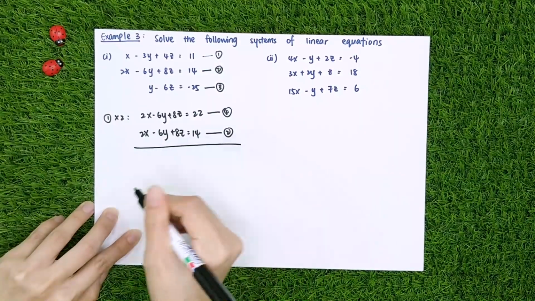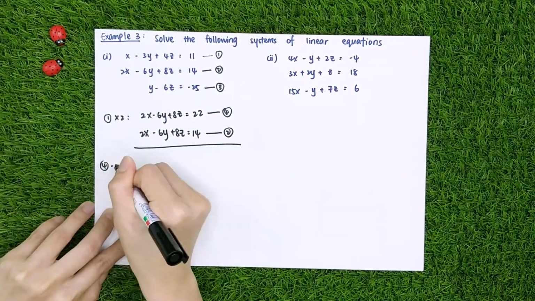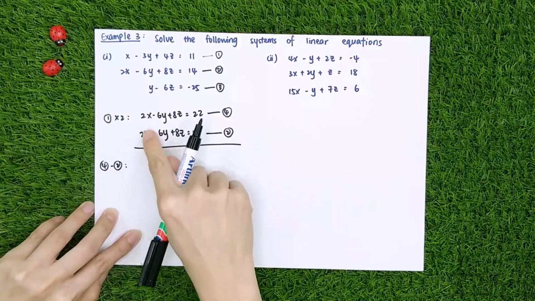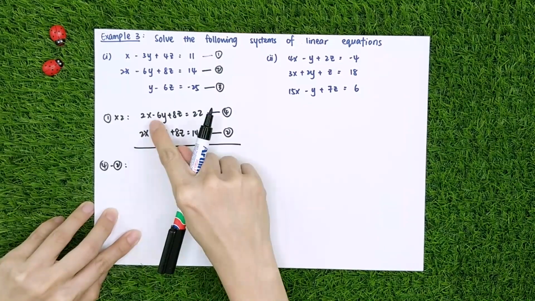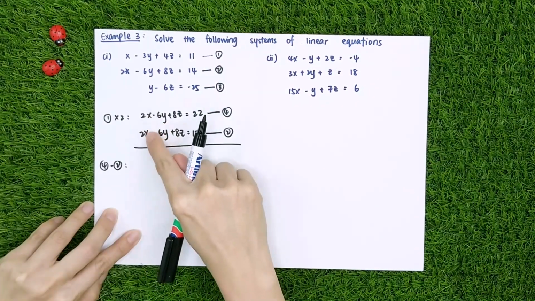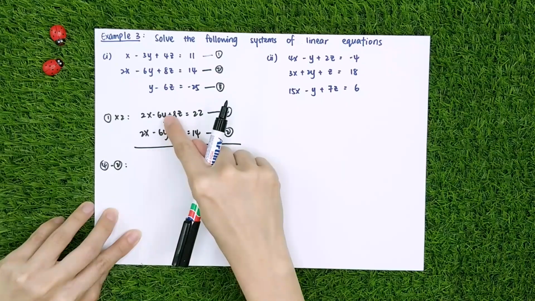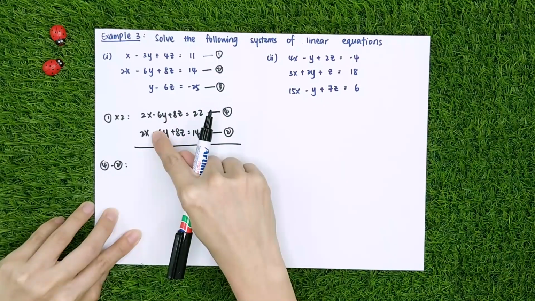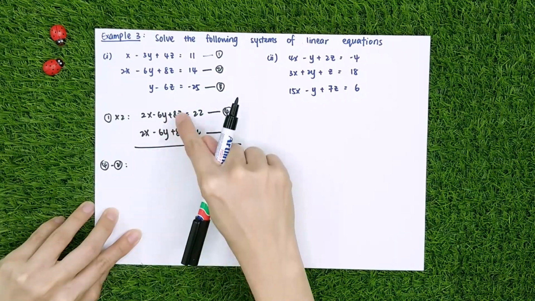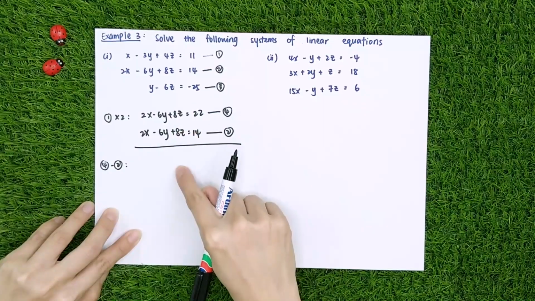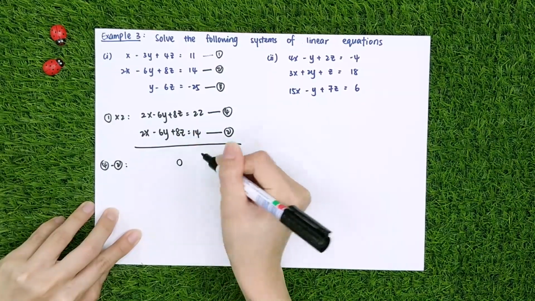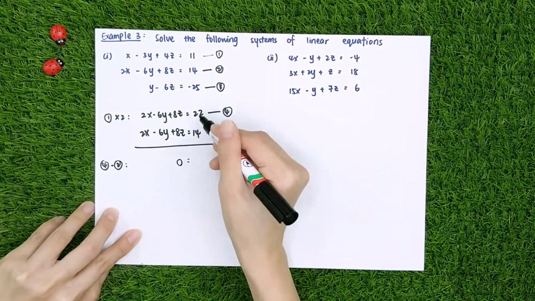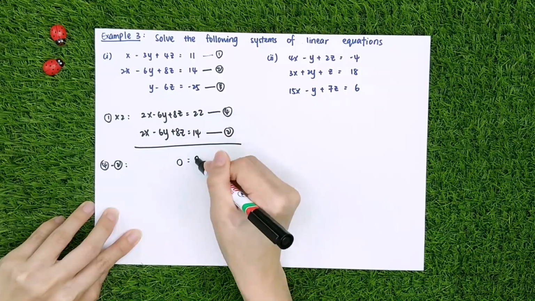Now, I want to subtract equation 2 from equation 4 to eliminate the variable x. But I found that 2x minus 2x, I get 0. Minus 6y, minus becomes positive, I also get 0. xz minus xz, I also get 0. So at the left hand side here, I get 0. But 22 minus 14, I get 8.